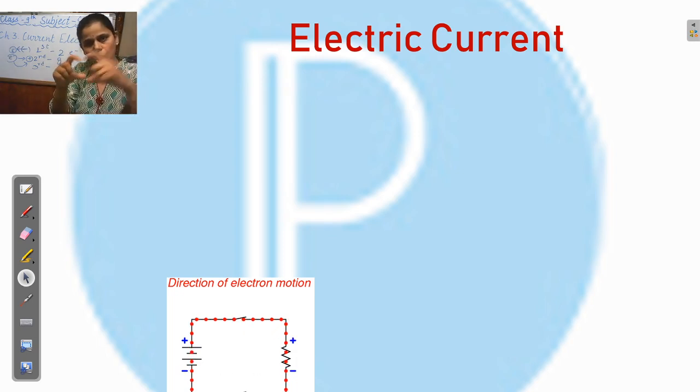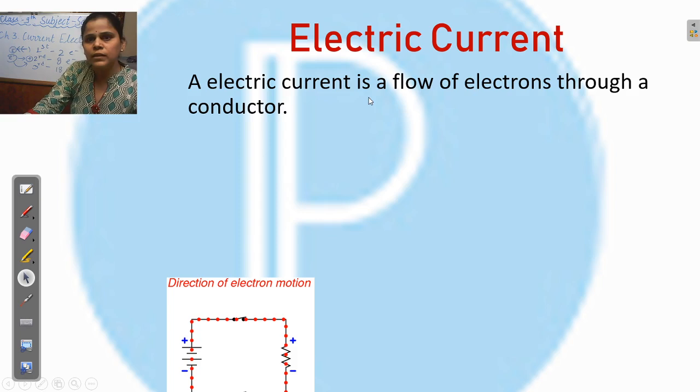If we switch on, then the electrons start to move. If we switch off, then the electrons stop. If we switch on, then these electrons start to move. Understand? So what is the electric current?